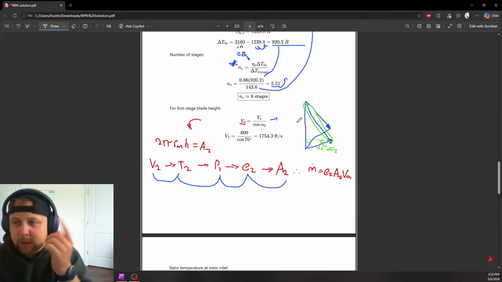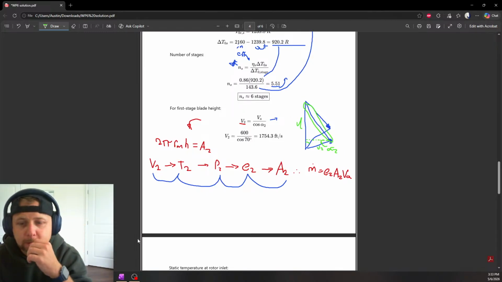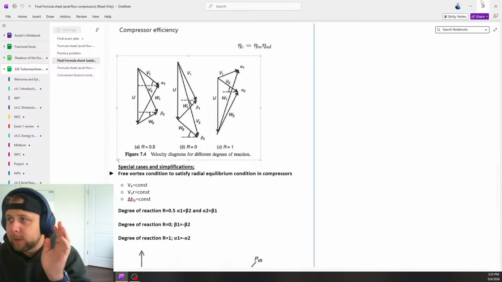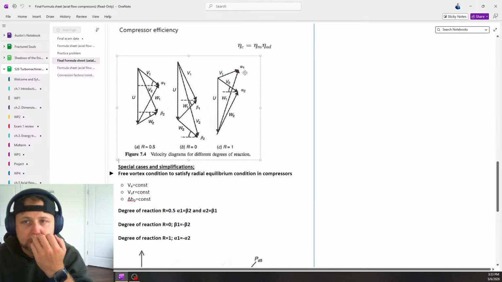So we should be using, this is U though. Should be this one and this one. Unless this is, I'm dumb. This whole thing is alpha 2 right here, because alpha 1 is this one. Beta 2 is this one.